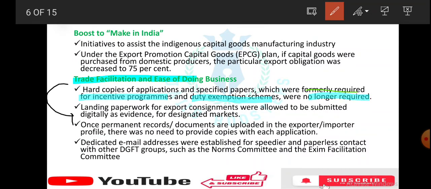In trade facilitation and ease of doing business, no hard copies are required here, and also duty exemption schemes are not required. Landing paperwork for export consignments was allowed to be submitted digitally as evidence for designated markets. Here are the old methods, which are hard copies, which are nothing much important here.